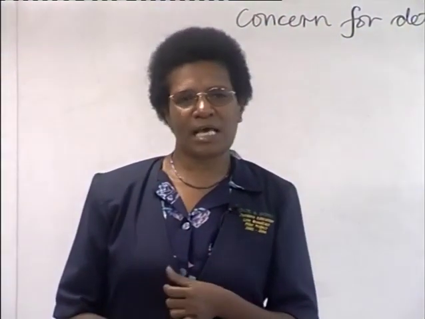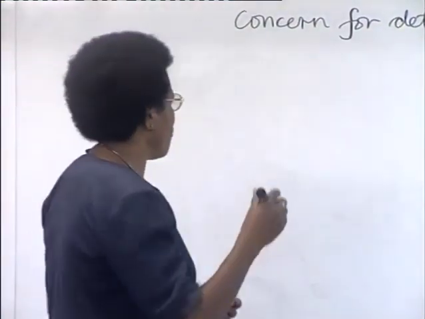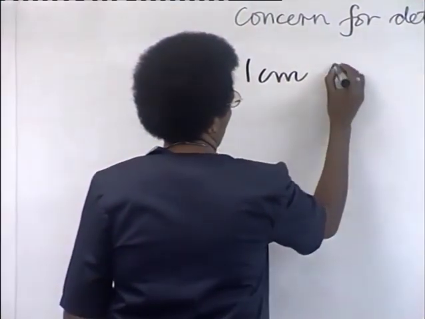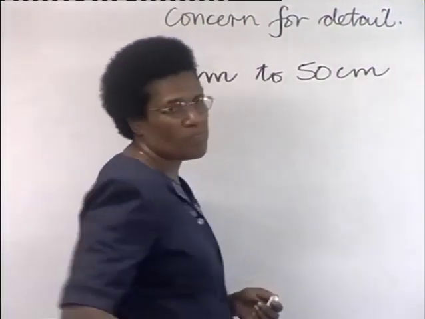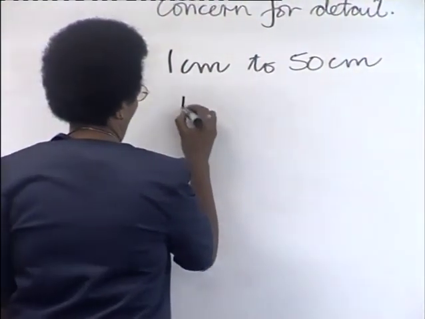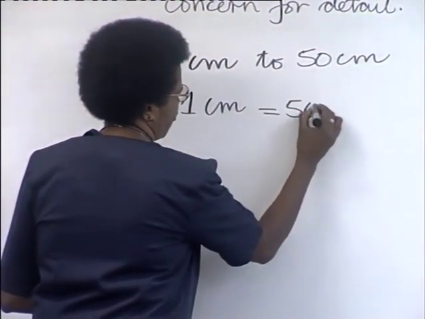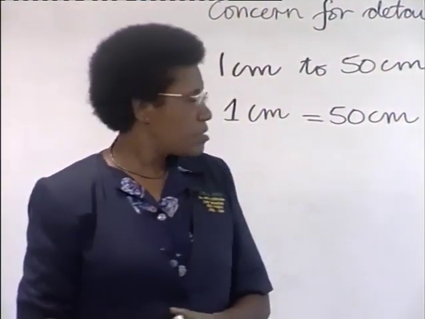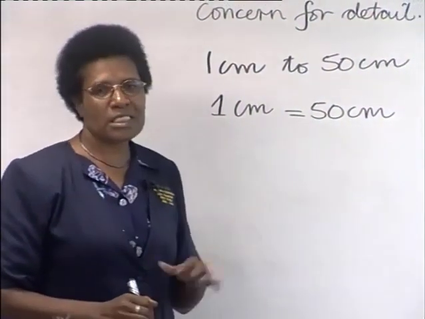Now it says, for example, on a scale of 1 centimeter to 50 centimeters, or 1 cm equals 50 cm, okay? 1 cm equals 50 cm.